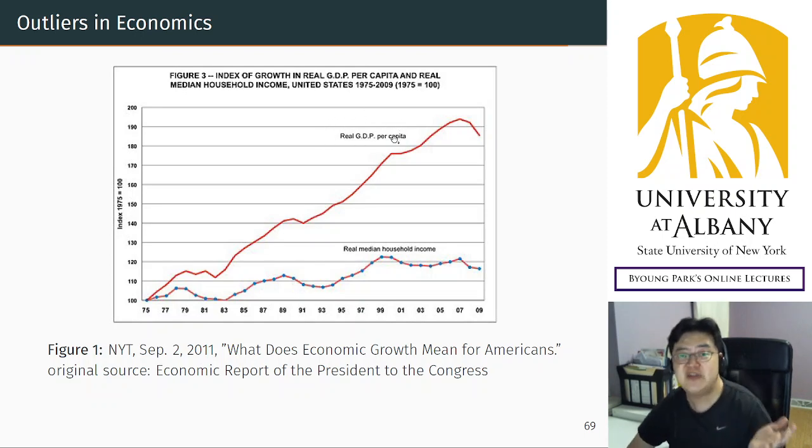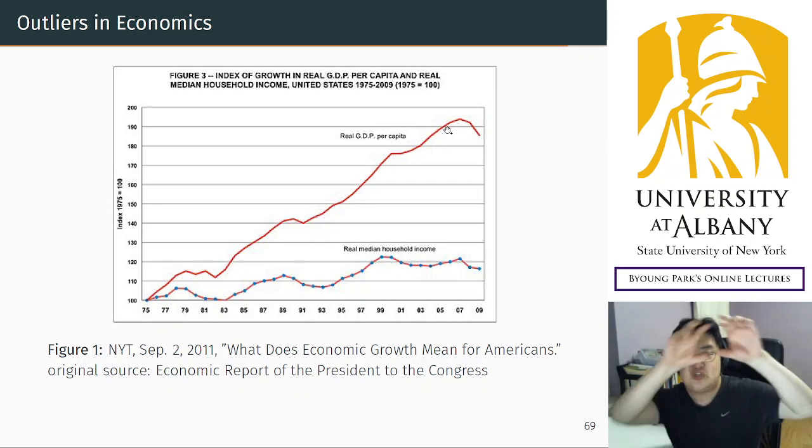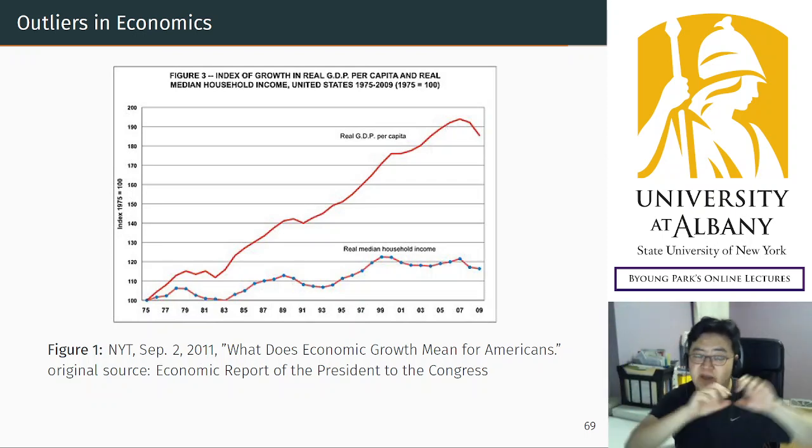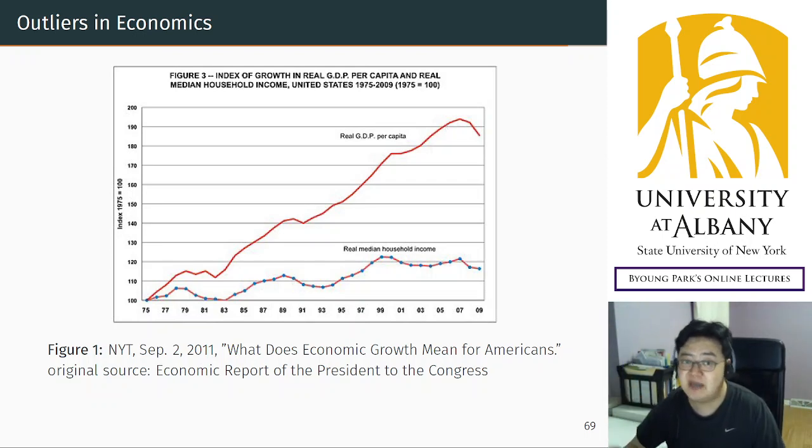By definition, GDP per capita is the mean, right? GDP is the sum, divided by population. That's GDP per capita. So it's the average income per person, and this other line is median household income. So this is the mean, this is the median.